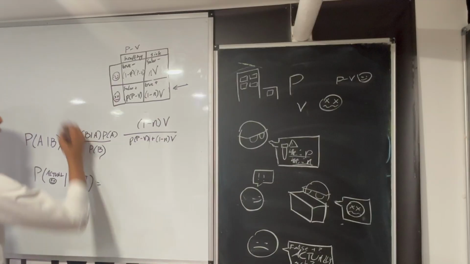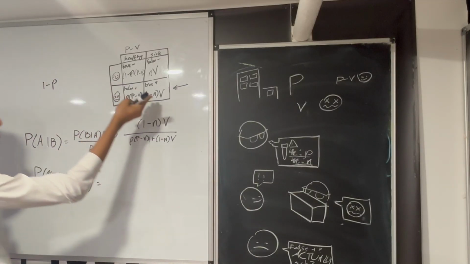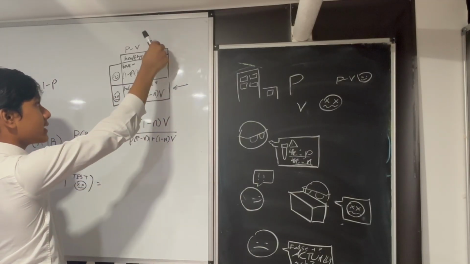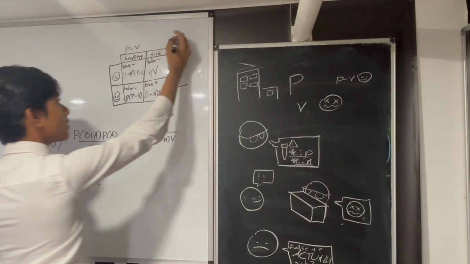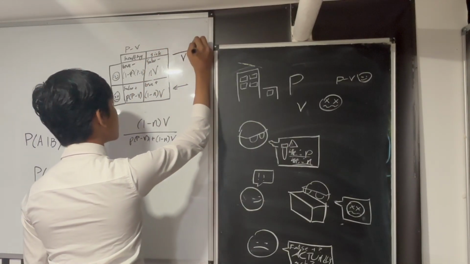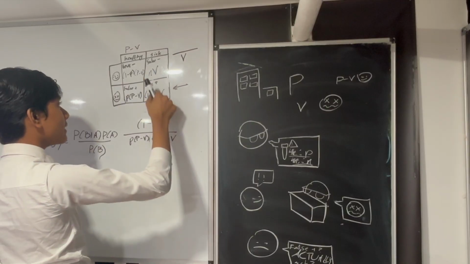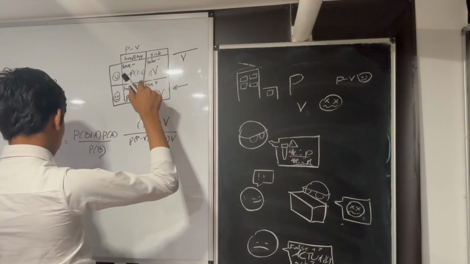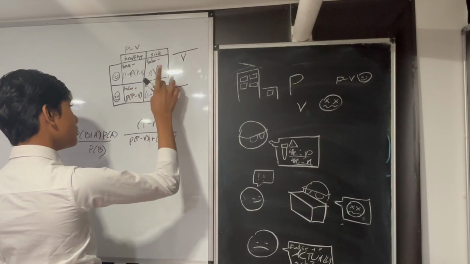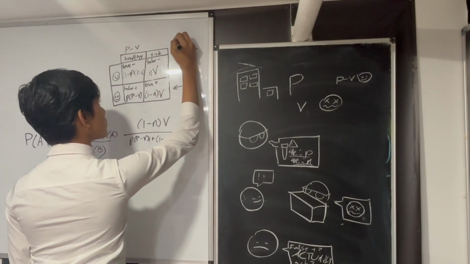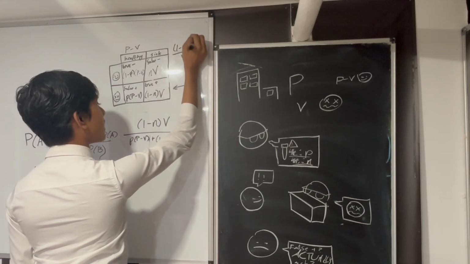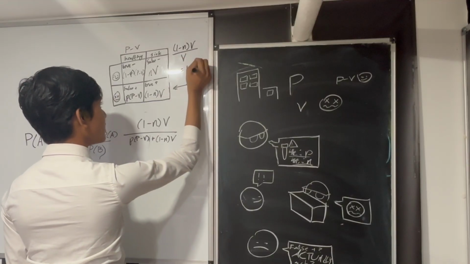Is it going to be 1 minus P? Well, just look at this table. The probability that you were sick, so you're one of the people, and you fall in the true positive range is going to be 1 minus N times V over V. It's going to be 1 minus N.